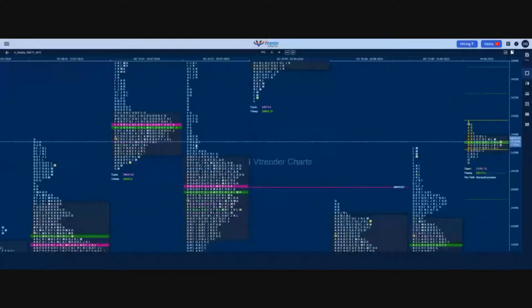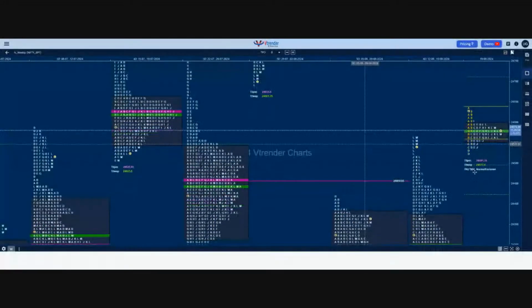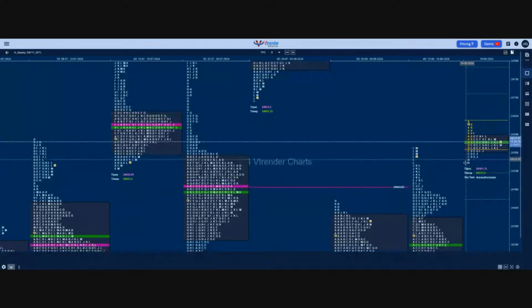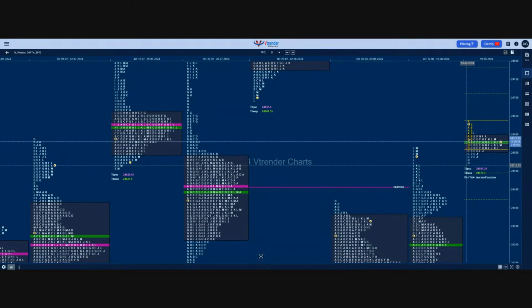Nifty view was also discussed. We have a 313 profile, and we have taken support at 24518 on the downside. These are spot references, and 24641 is the 1 80R, 2 80R from the VPOC. So one of these tails will have to be negated, and I have already given the levels on the upside as well as the downside, and we'll have them marked again in the report, which will go out later tonight.